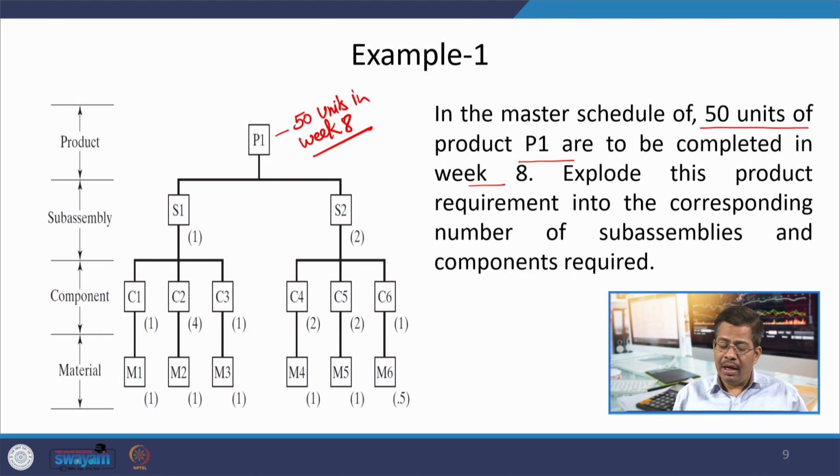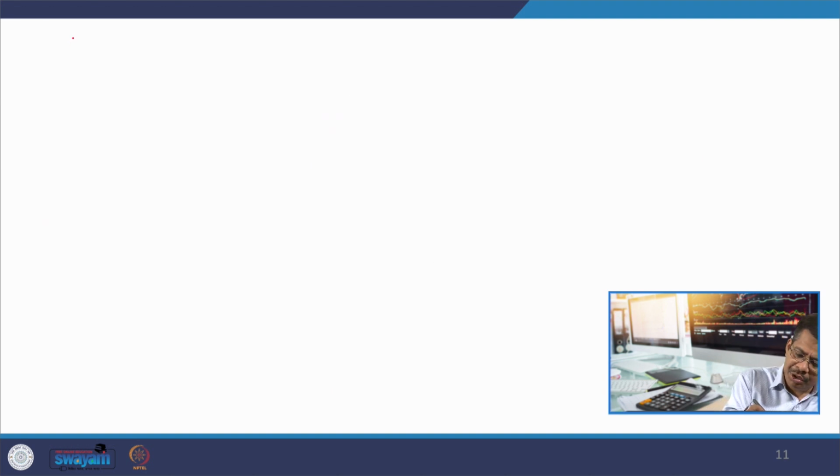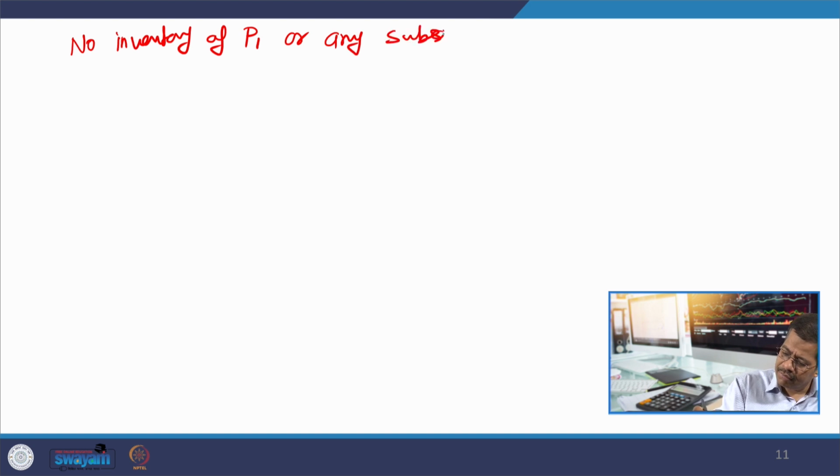And as I said, I am assuming a few things at this moment, and what I am assuming is that there is no inventory of P1 or any sub assembly in the stock.